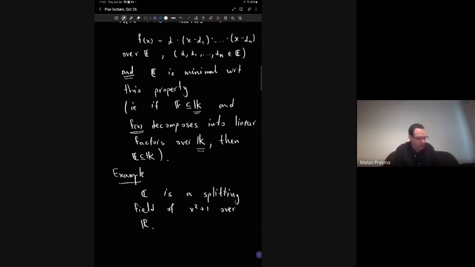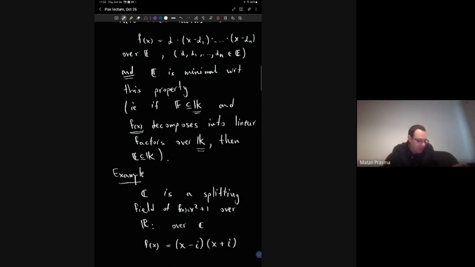So maybe it's worth seeing this example. I claim that C is a splitting field of x squared plus 1, this is this f(x), over R. Now, you need to be a bit careful in reasoning about it, because, well, the easy fact, of course, is that over C, f(x) you can write as (x minus i)(x plus i).